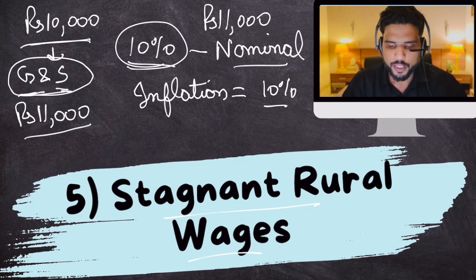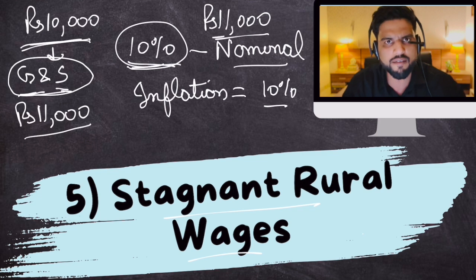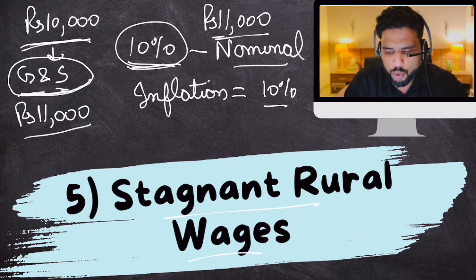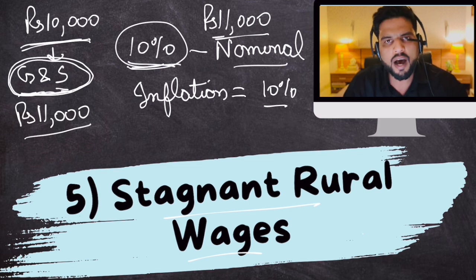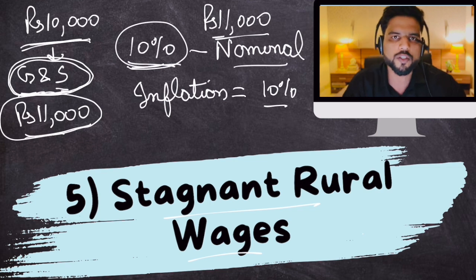Make sense? So actually, if you see, this person's wages have increased by 10%. Earlier he used to receive 10,000 rupees. Now he receives 11,000 rupees. But earlier he used to receive these goods and services. Now, after 1 year, these goods and services cost around 11,000 rupees only.